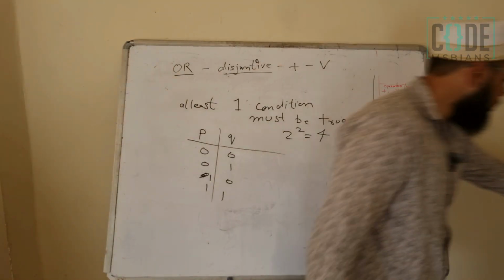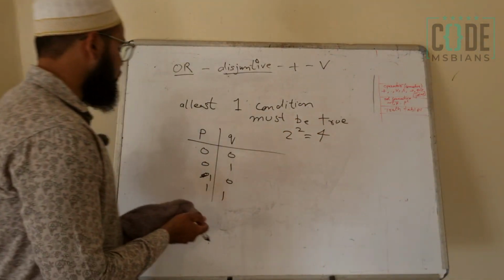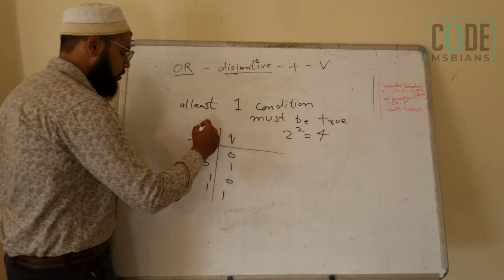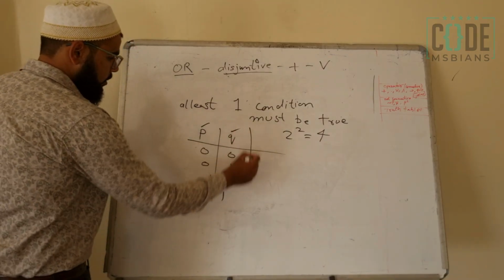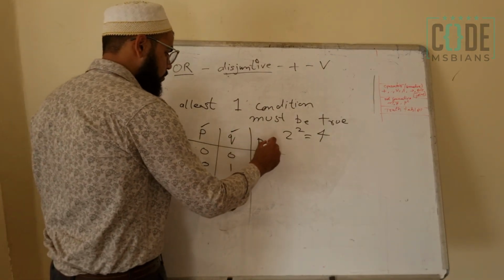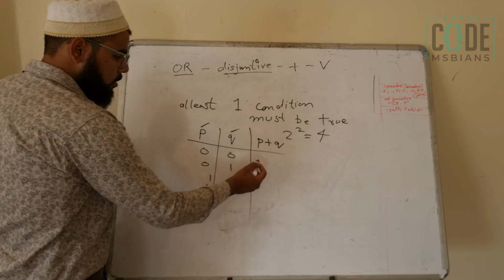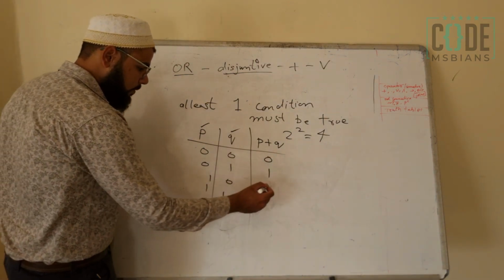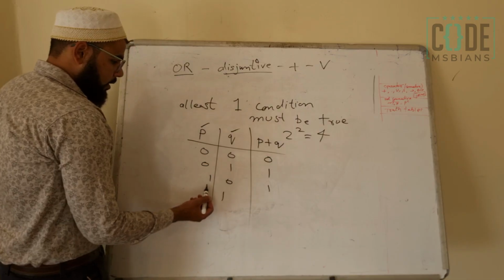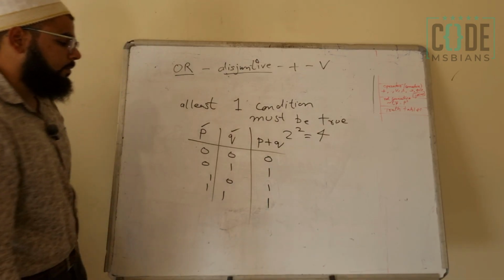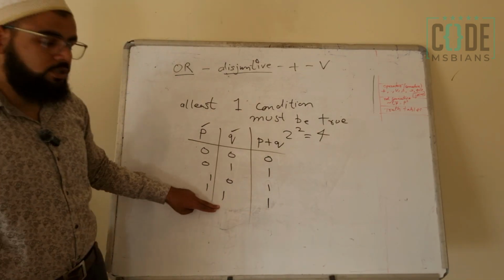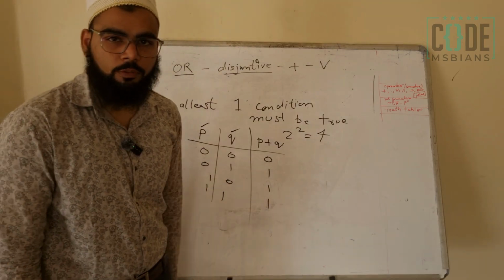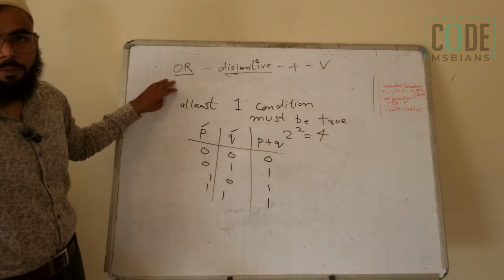These values are possible when we have two statements like P and Q. So what is then P or Q? 0 or 0 will be 0, then 0 or 1 will be 1, 1 or 0 will be 1, and 1 or 1 will be 1, right? So when both conditions are true, or at least one condition is true, the resultant value is true. Okay, so this is our OR operator.